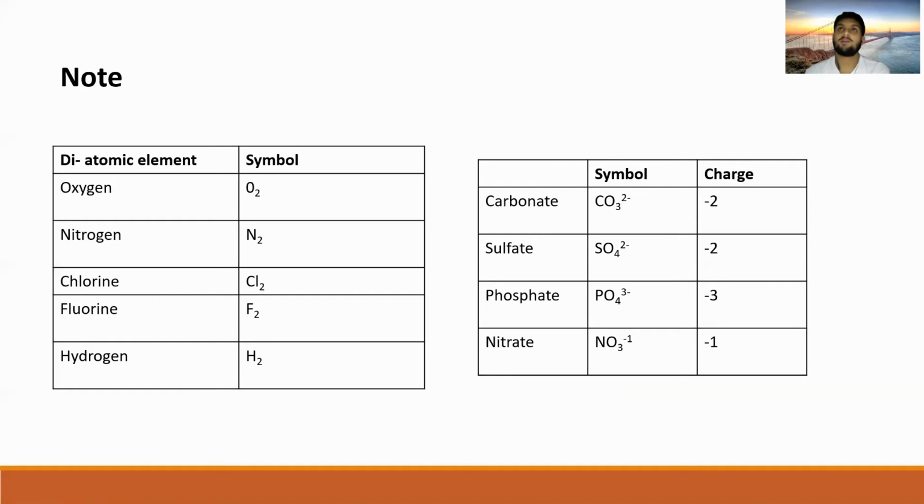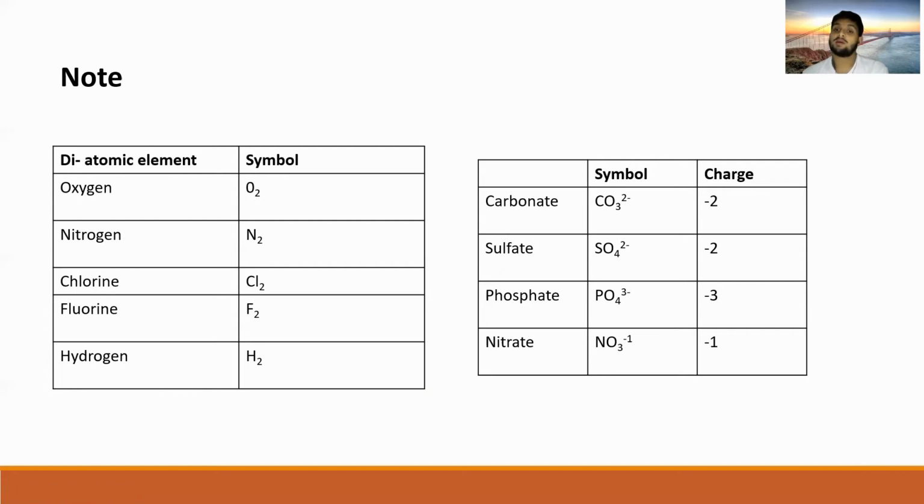Di means 2, mono means 1, di means 2. That means every time it will be always 2. It won't exist as single or mono atoms. So keep that in mind when you're writing these elements, because these will be the common ones given to you in your exams.